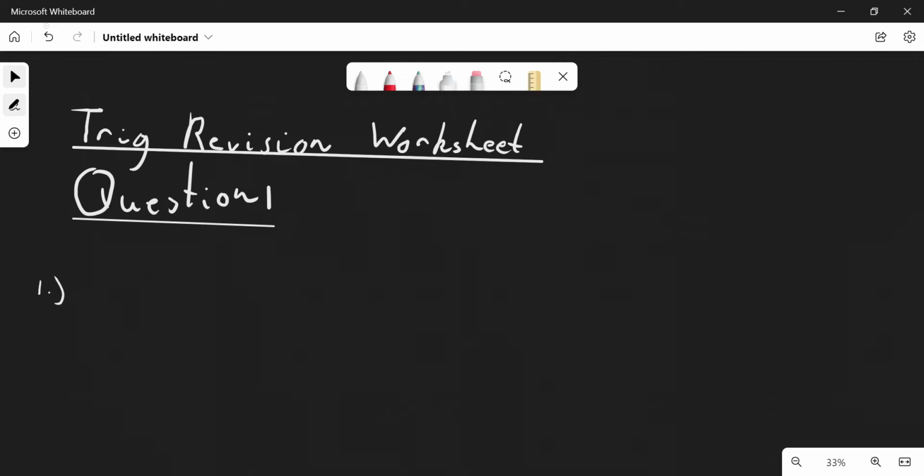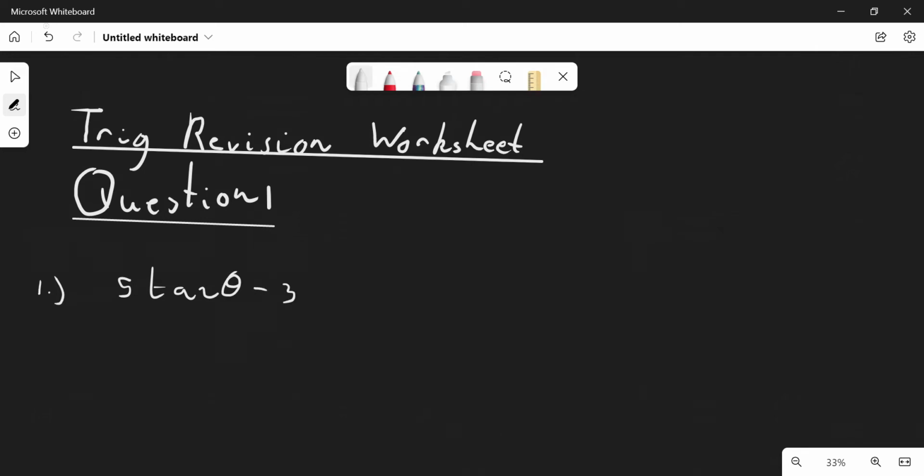If 5 tan theta minus 3 is equal to 0. Okay, so they give us those conditions for 5 tan theta minus 3.